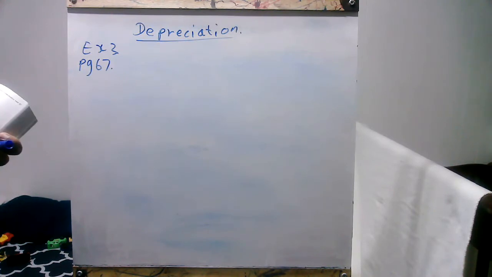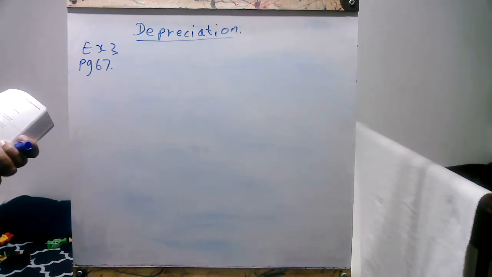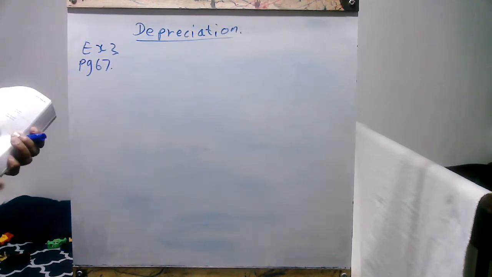Miss Winslow buys a new car. A lady buys a new car for her business for $13,000. She expects to use the car for 5 years and then sell it to a used car dealer for $2,000. That means $13,000 worth of car at the beginning.